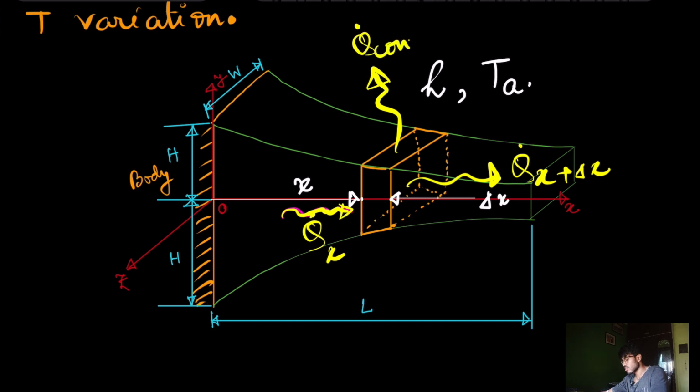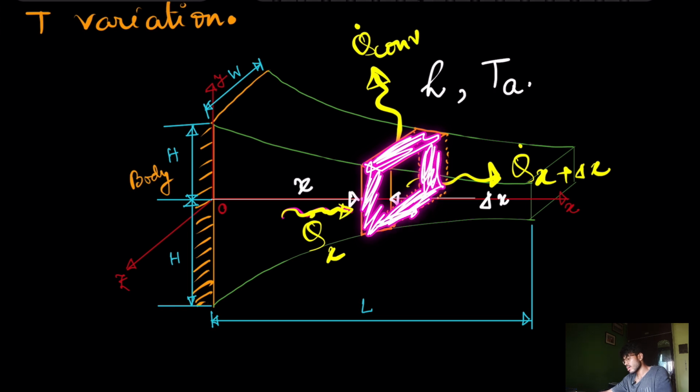So q dot x will be conducted through this face, q dot x plus delta x will be conducted through this face, and the heat convection will be through this area, this area, this area, and this area.